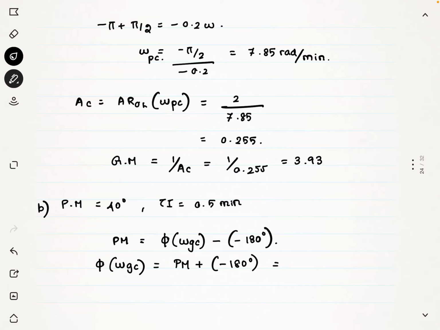In our case, 40 minus 180 will be equal to minus 140 degree. And tau I is 0.5 minutes. So let me write it in the next page so it's easy. Tau I is equal to 0.5.